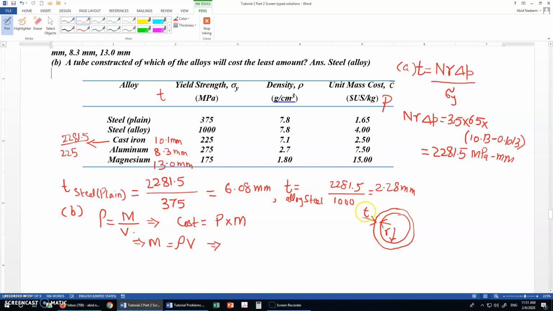If we know this t and this radius r, then from the geometry of this equation, and knowing that its length is L, say L meter long, this tube.